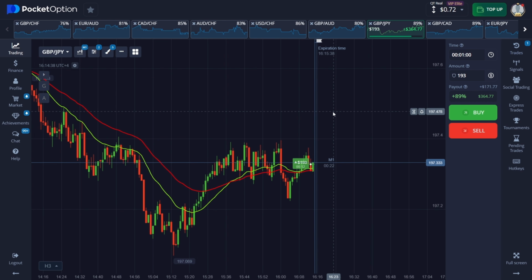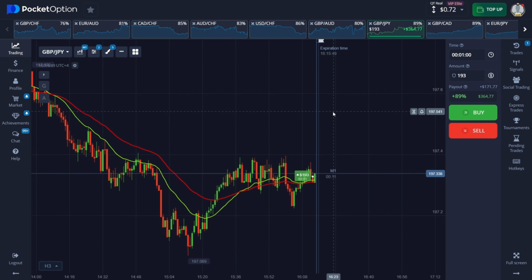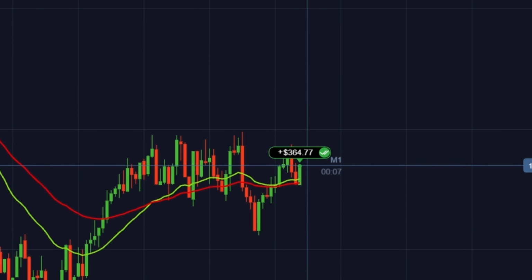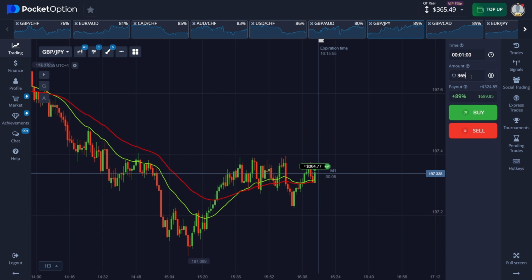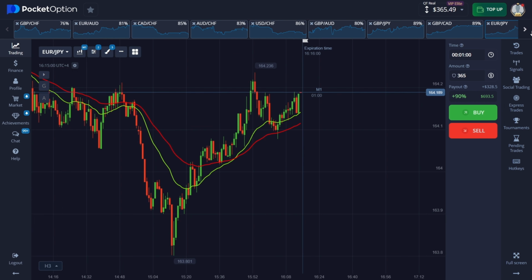Now, the trade is going in our favor, but we still have 10 seconds left. Only a few seconds remaining. And I won another trade. Now my balance has increased to $365. Let's find a trade for $365 in this real market.